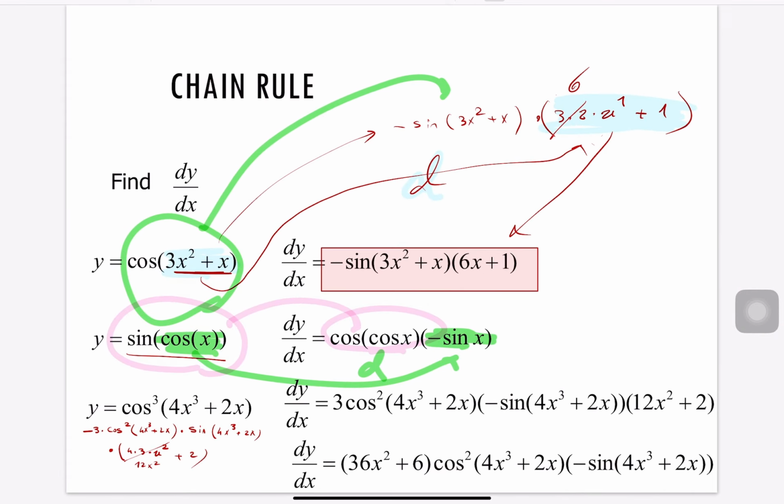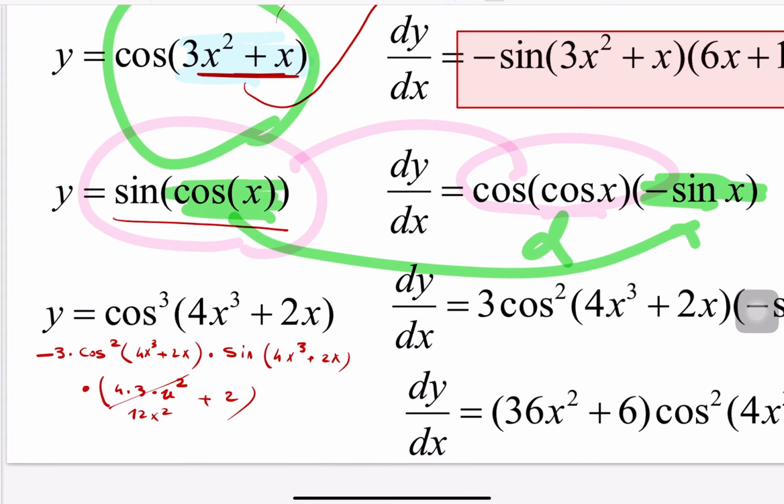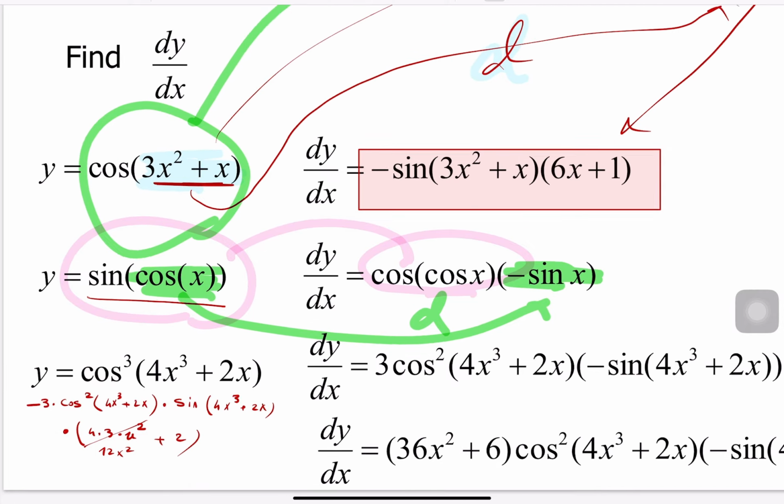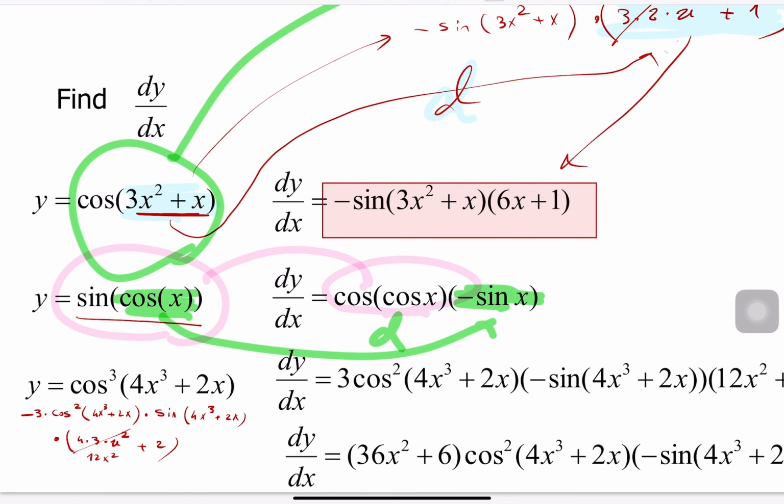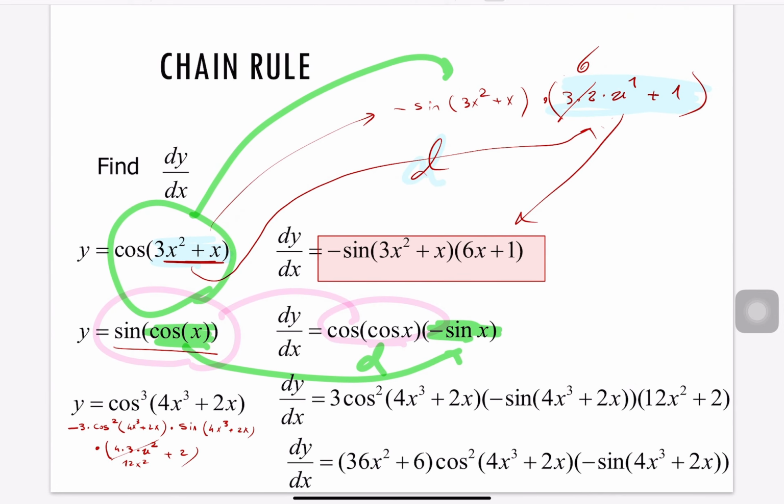As you see here, you can find this rule here. Then we can multiply and simplify, and if we simplify, it will be the same result. But until here is okay. If you do this, this answer is okay. You don't need to continue until the simplification.